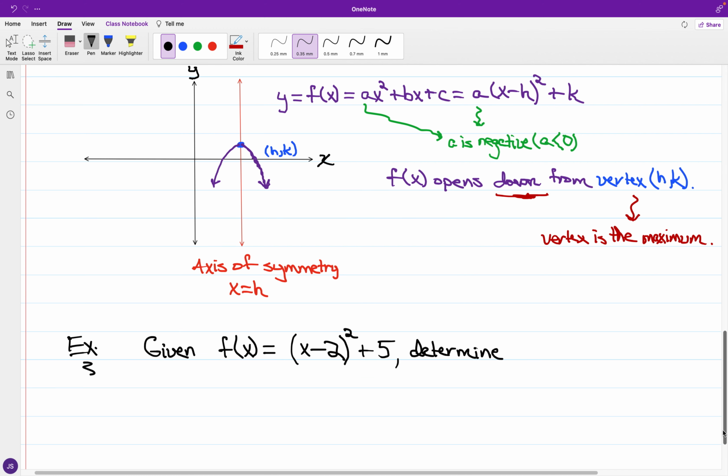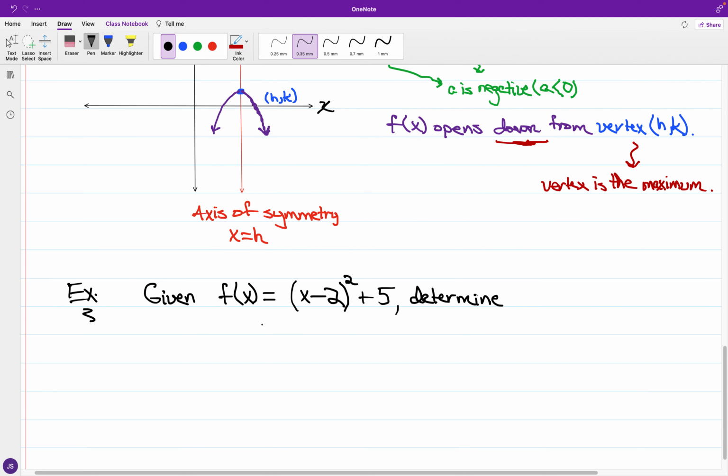Just for the introductory elements, say we were to first determine the direction that the graph opens.